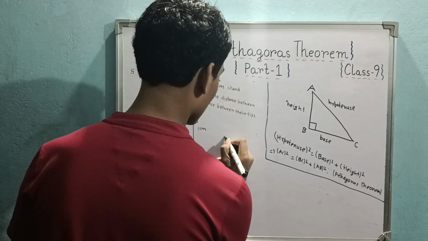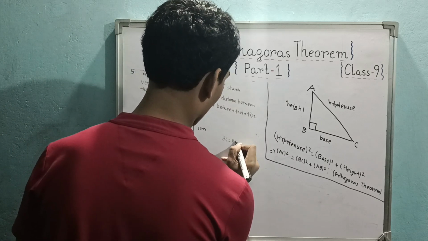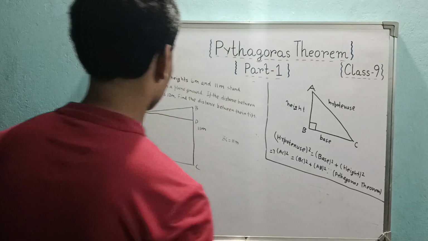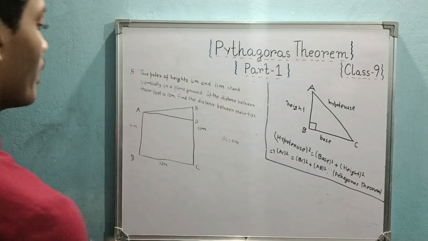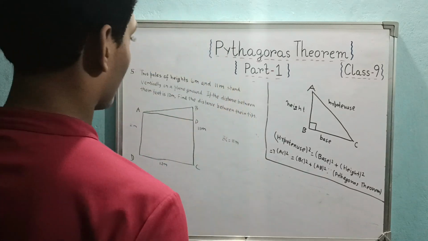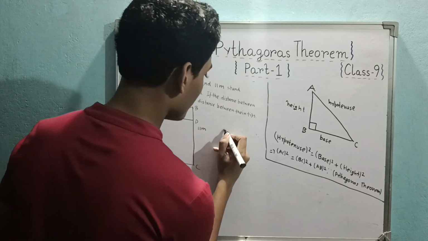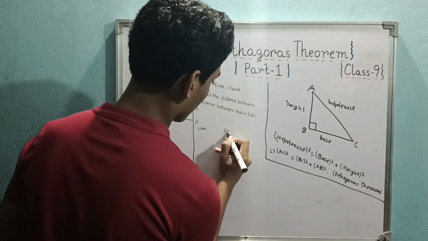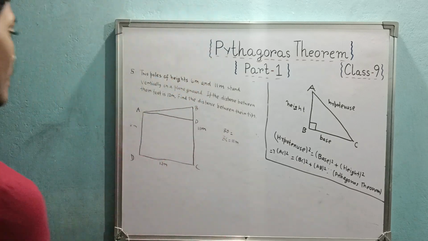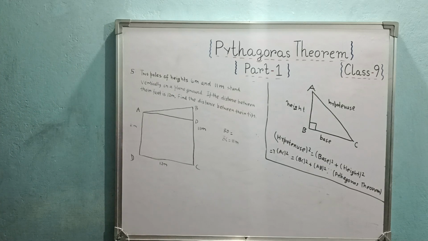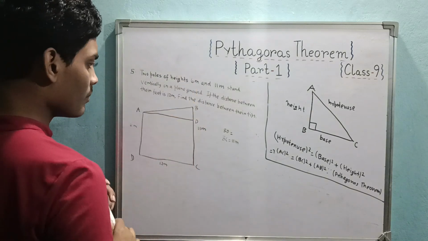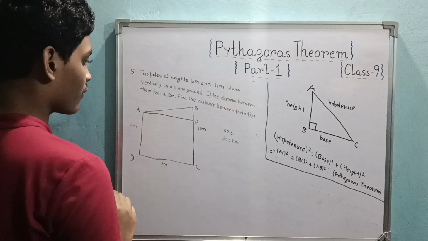Then BC is equal to 11 meter, and BD will be what? See, this BC is 11 meter, this AD is 6 meter.